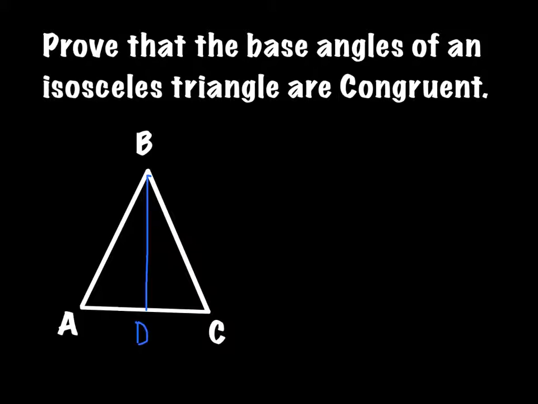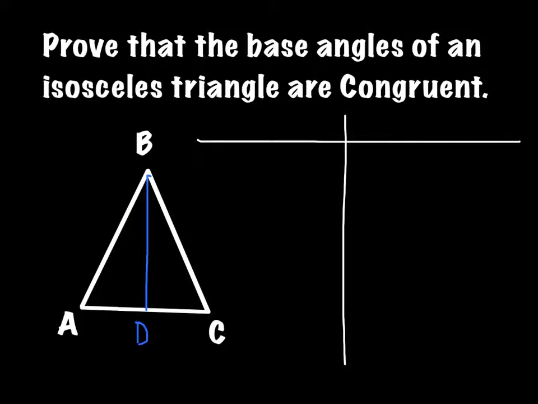So to gather my thoughts together on what I'm doing, I'm going to begin by creating a two-column proof. On the left-hand side, I'm going to write the facts, the things that are guaranteed to be true. And on the right-hand side, I'm going to list the reasons why they must be true. For this particular proof, I'm starting with an isosceles triangle. Triangle ABC is isosceles.